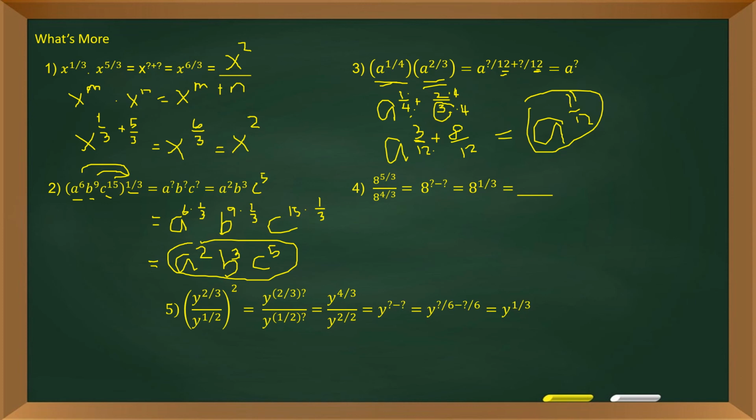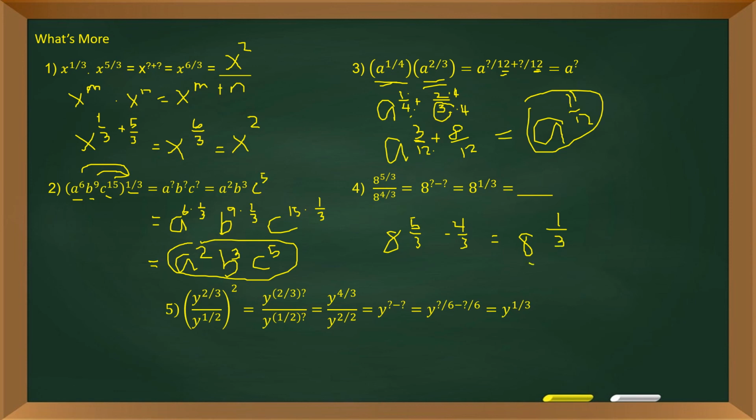So when you subtract exponents, you have 8 raised to 5 thirds minus 4 thirds. And since they are similar fractions because they have the same denominators, you can immediately subtract the numerators. So that's 8 raised to 1/3.